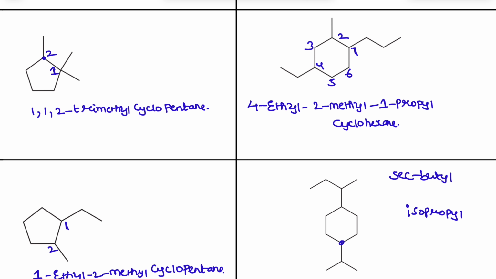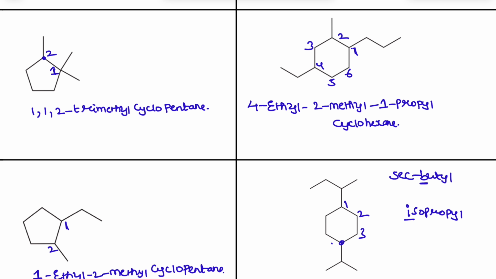But in case of secondary butyl, this is hyphenated. The sec should not be considered, only B should be considered, but here I should be considered. Least locant rule is unable to decide the numbering, because from both the sides it is 1 comma 4. Therefore we are just considering alphabetical order. Hyphenated prefix secondary, sec, should not be considered. So here B gets more priority.